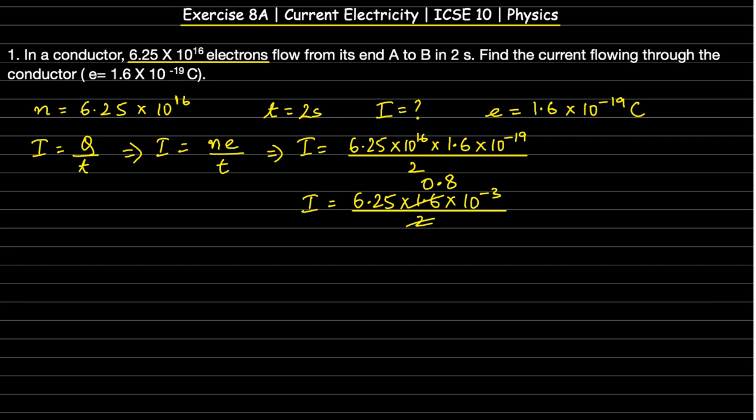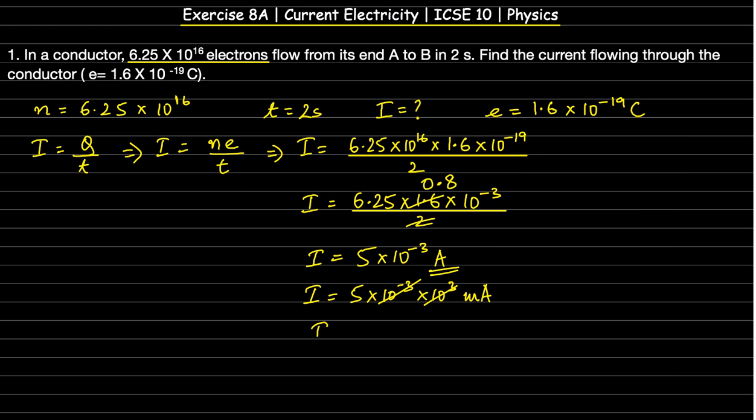So 6.25 into 0.8 gives us 5. So we get the value of I as 5 into 10 to the power of minus 3 amperes. We'll get it in SI unit. So if you wish to convert it to milliamperes, we will be multiplying by 10 to the power of plus 3. So I is going to be equal to 5 into 10 to the power of minus 3 into 10 to the power of plus 3 milliamperes. 10 to the power of plus 3 and 10 to the power of minus 3 cancel.